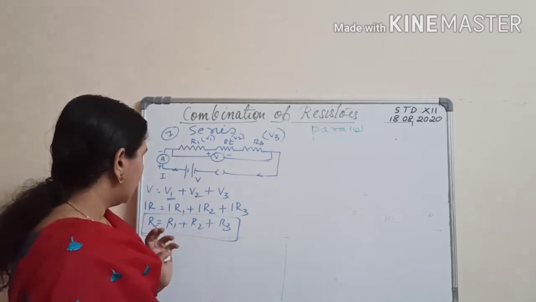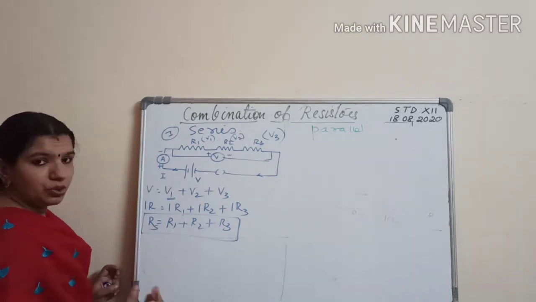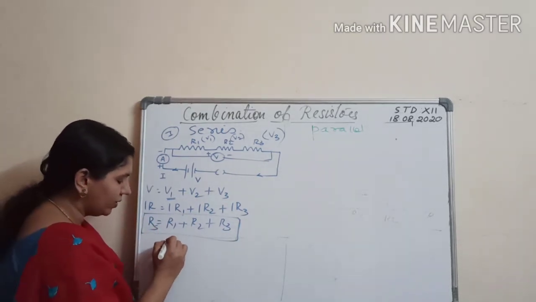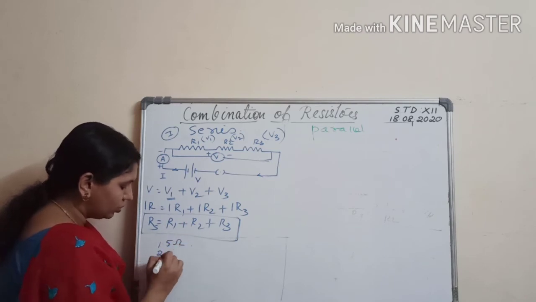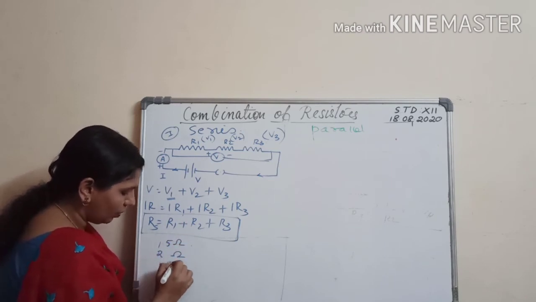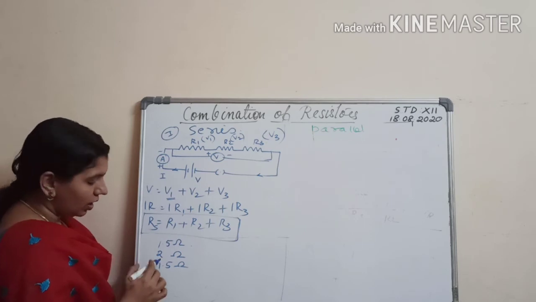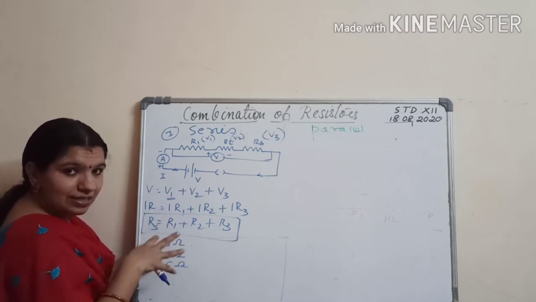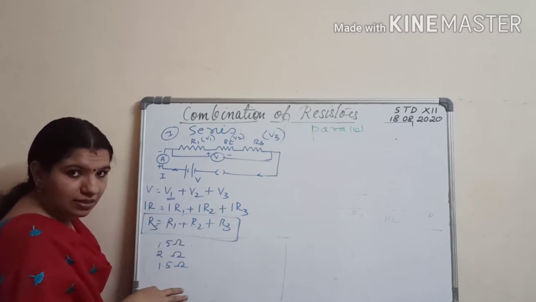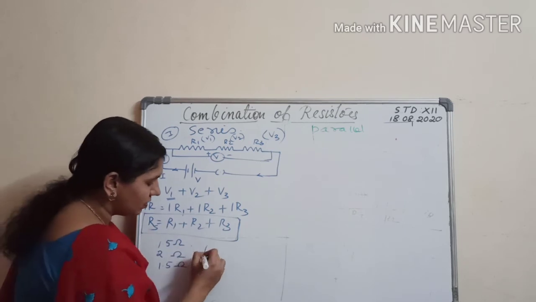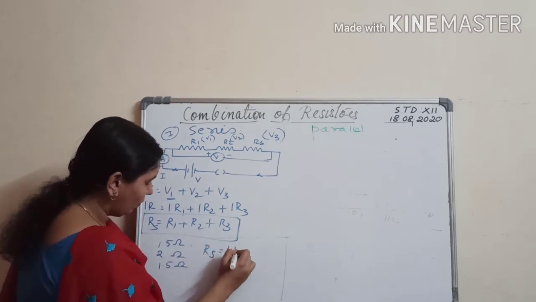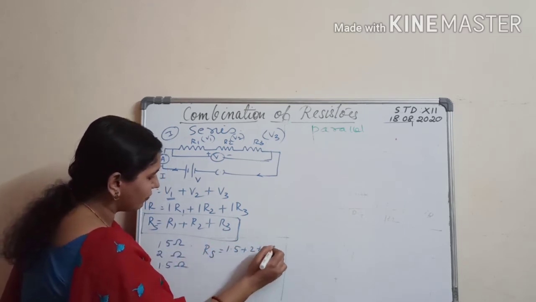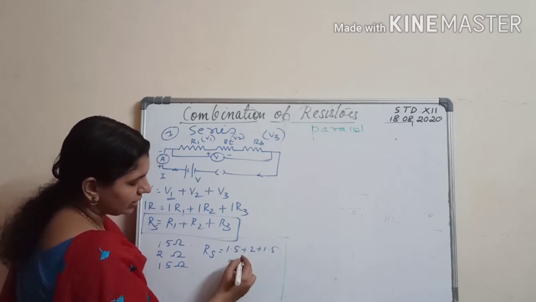Clear? Now look here, if I am taking 3 resistances like 1.5 ohm, then 2 ohm and 1.5 ohm. If it is in series, I have to add these. So 1.5 plus 2 plus 1.5 will give you what? 5 ohm.